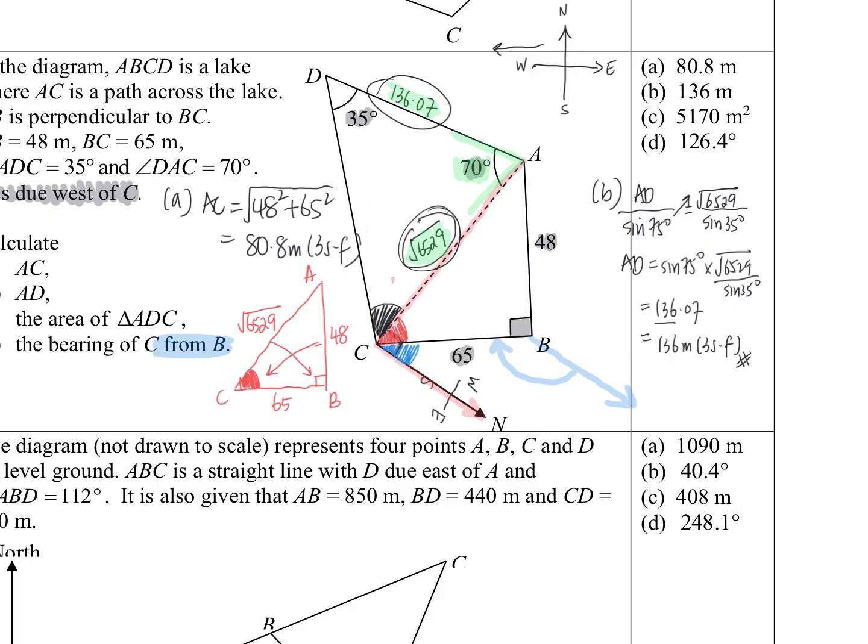If not, you can just use SOH CAH TOA. In fact, any one will work. Sine, cosine, tangent will all work. But I will use tangent because O and A belong to the question. So there's lesser error. So tangent of this angle, C, is O over A. So I take a tangent inverse.